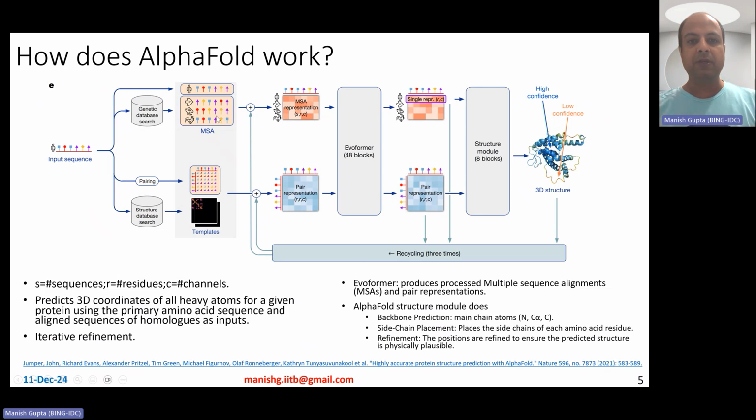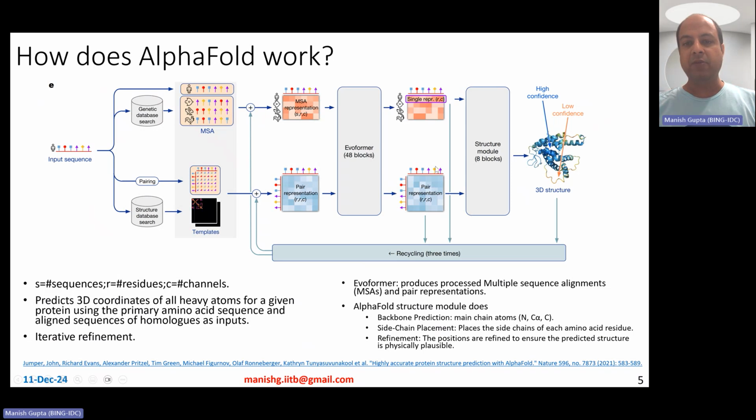They are obtained by doing a genetic database search to obtain multiple sequence alignments, or by doing a structured database search to obtain pair representations. Both of these are processed using an input network to get an MSA representation and a pair representation. And then AlphaFold comprises two main blocks, evoformer and structure module.